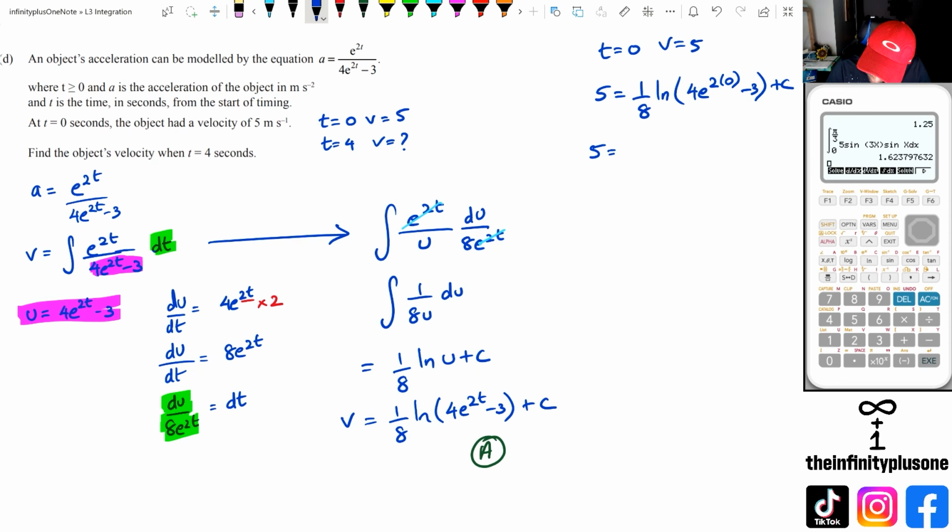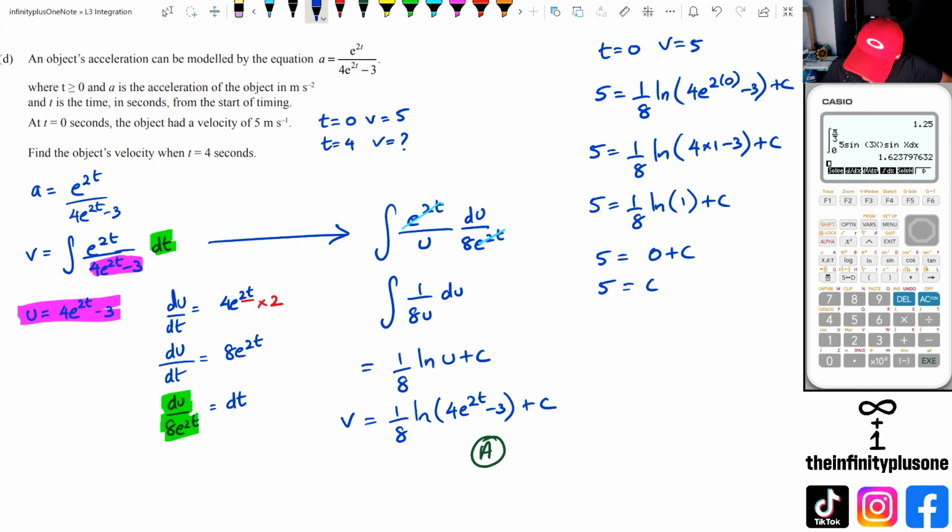Now e to the power of 0 is 1, so it's 4 times 1 minus 3 plus c. So 5 is equal to 1 over 8 ln of 1 plus c. ln of 1 is equal to 0, so we're going to get 0 plus c, and then c is equal to 5.